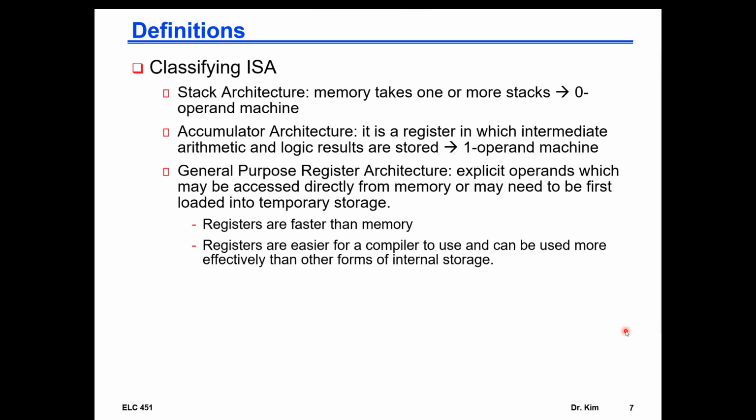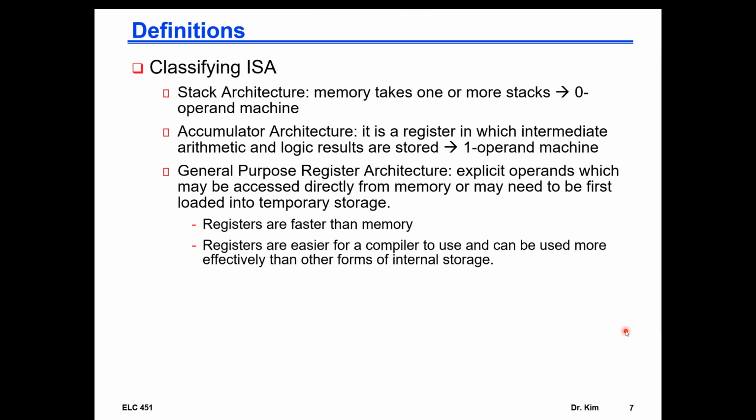Then we're going to look at an accumulator architecture. One of the operands is always implied to be that accumulator. Therefore, you only have one operand. Normally you need at least 2 operands to do something useful, although you could have an instruction that does something on a single operand.